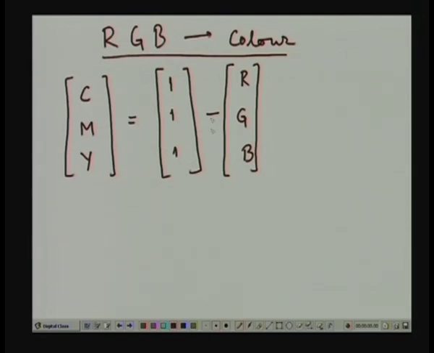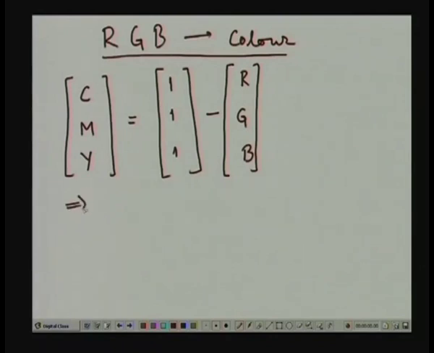And as we said earlier, equal amounts of cyan, magenta and yellow should give us a black color. So, if we mix these three pigment primaries in equal proportion, we should get black. But in practice what we get is not a pure black, but a muddy black. To take care of this problem, along with C, M and Y, another component is also specified, which is the black component.